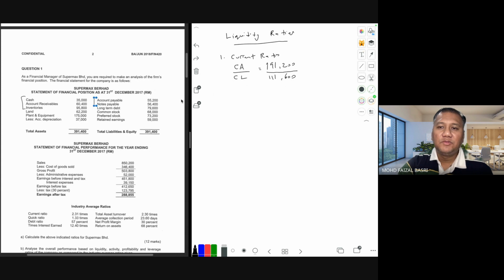So you sum those two, you dapat 111,600. So what you need to do next, based on the formula, you just divide lah. 191,200 divided by 111,600 will give you around 1.71 times. Okay, 1.71 times.